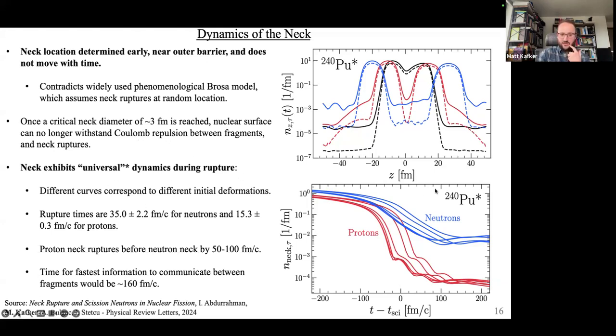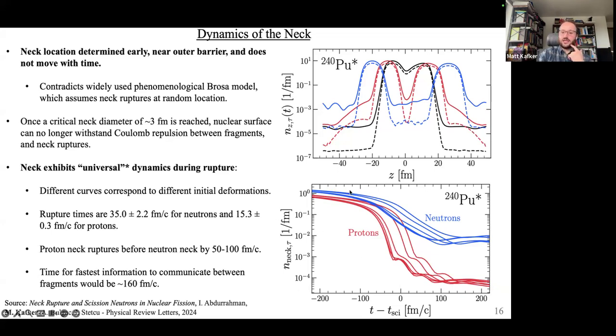And we see from this bottom figure here that the neck dynamics are basically universal, with quotes and an asterisk. I'll mention what both of those symbols are for. But there's a high degree of conserved regularity to the dynamics of the neck. This is time around scission on the horizontal axis.